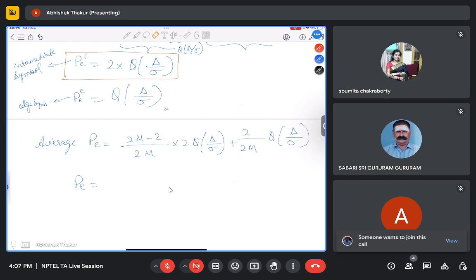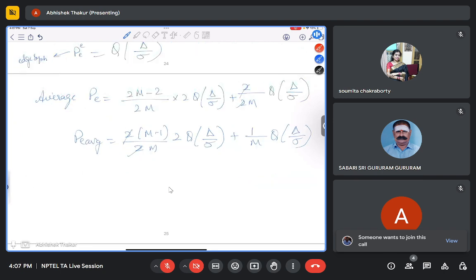Now both terms have Q of delta by sigma common, so we can take this as common.